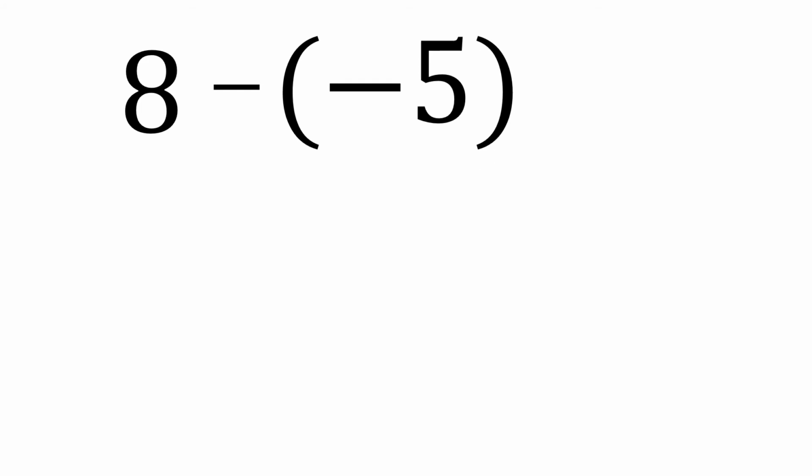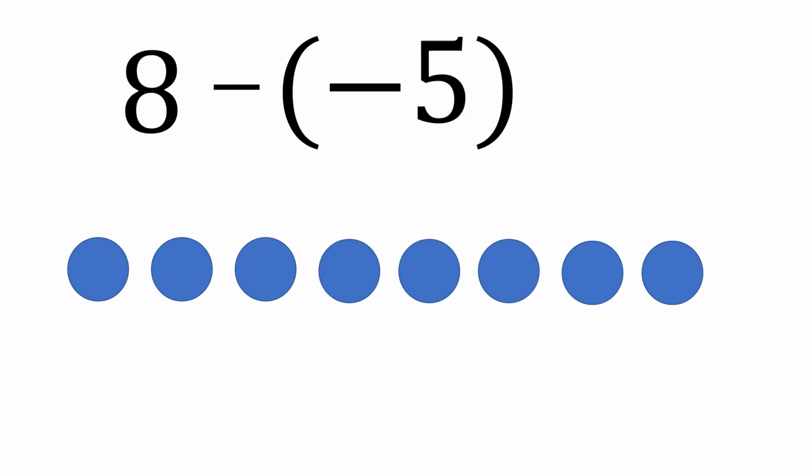Another example, positive 8 minus negative 5. So let's visualize positive 8 with 8 positives. Now we want to remove 5 negatives, but you cannot remove them because all the givens are positive. So the meaning of minus as remove is not applicable.